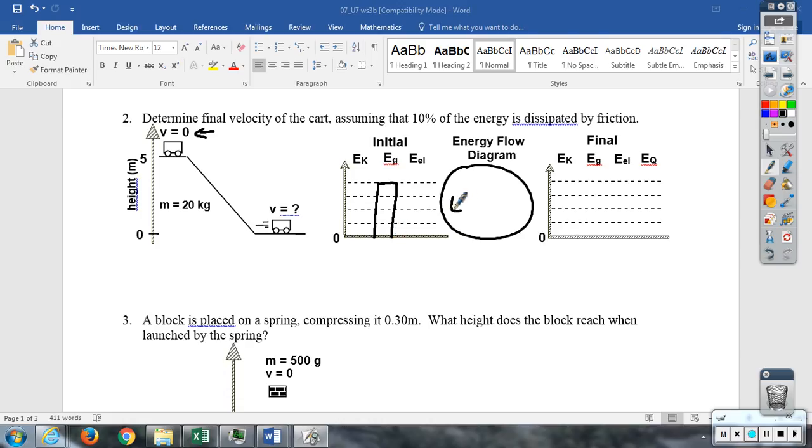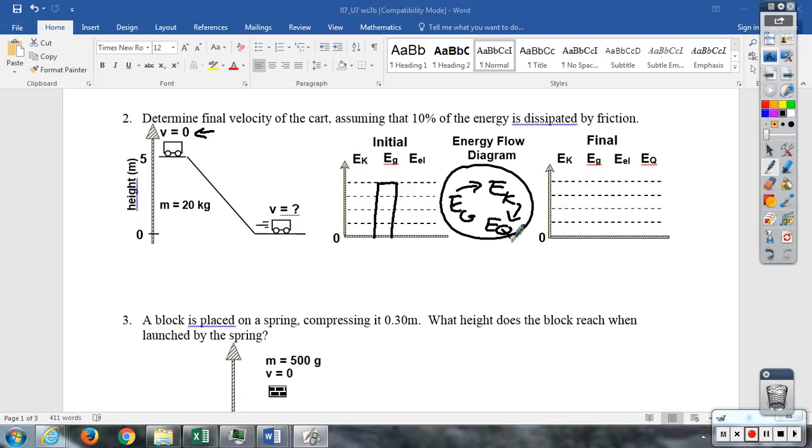Now, as the cart goes down the hill and there's friction, we're gaining speed, but not as much as we could, because some of that energy is also going to EQ. And that's the work that is being done, the negative work done by friction. So we're told that 10% of it's dissipated by friction.